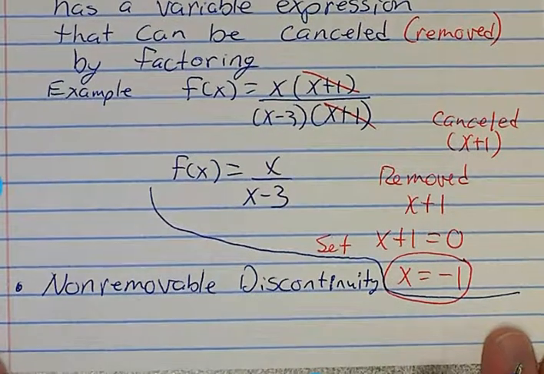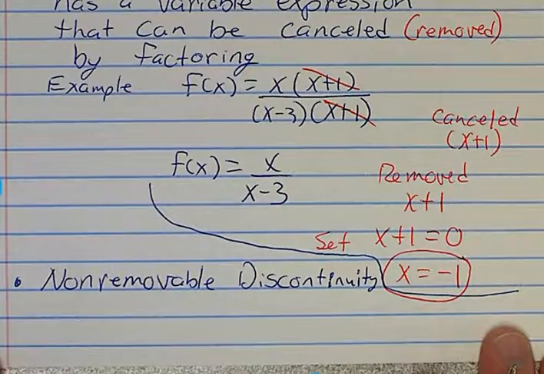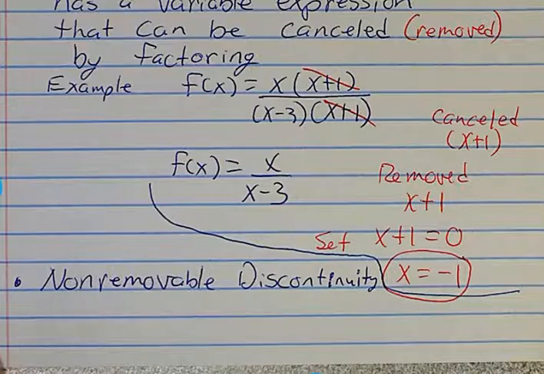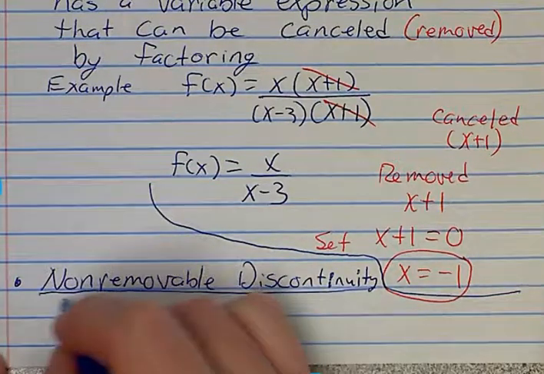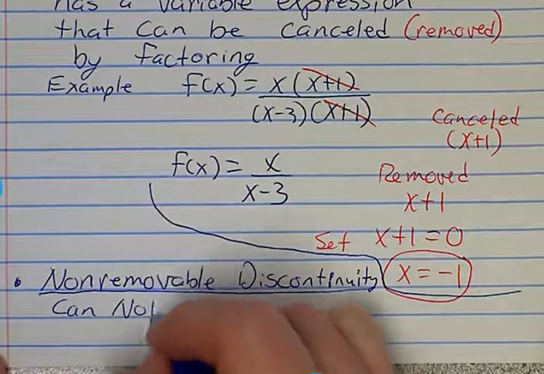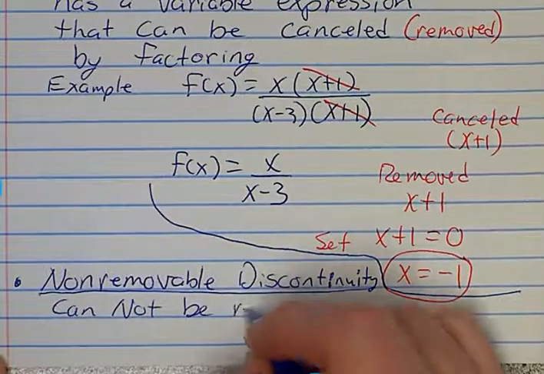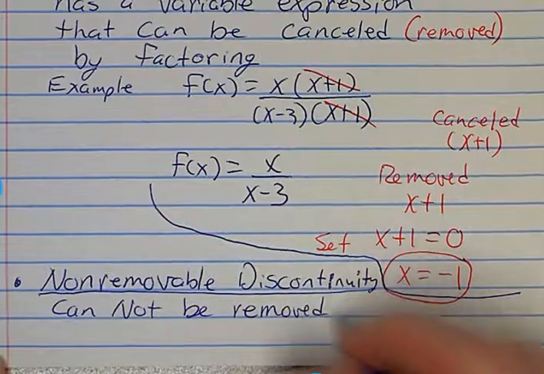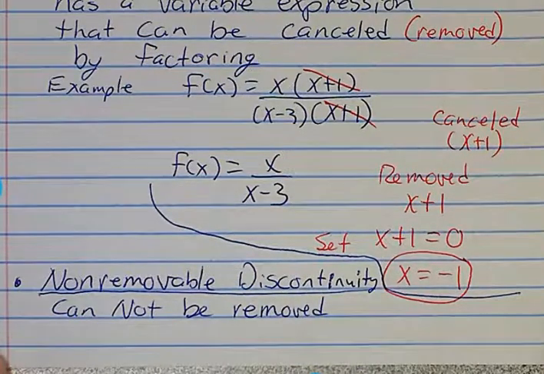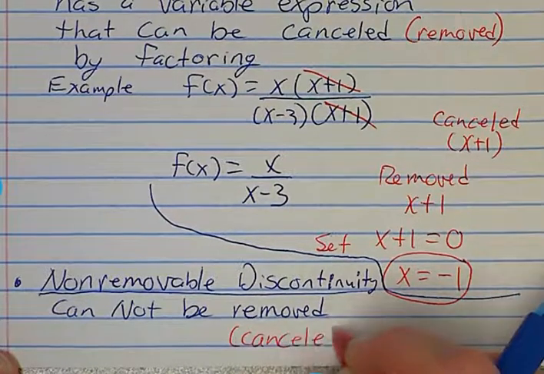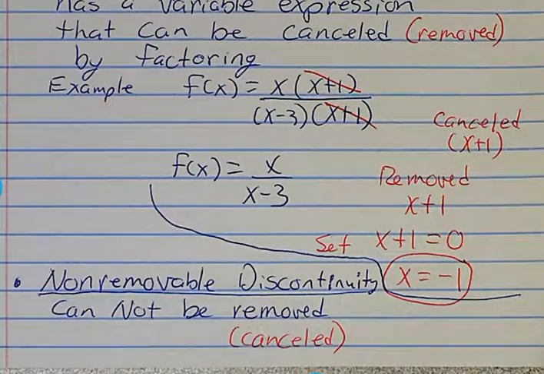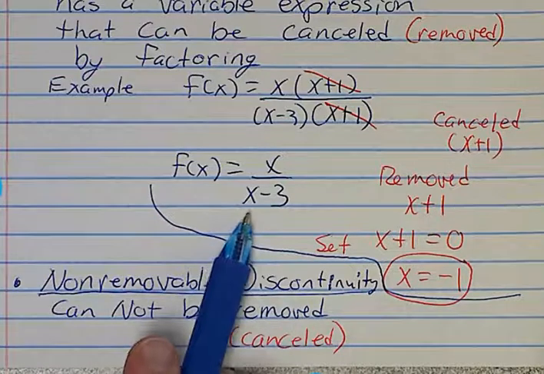And if removable means you can remove it, if it's non-removable, that means you cannot remove it. Again, when they're talking about removing, they're talking about canceling. So for this problem, that would have been x minus 3.